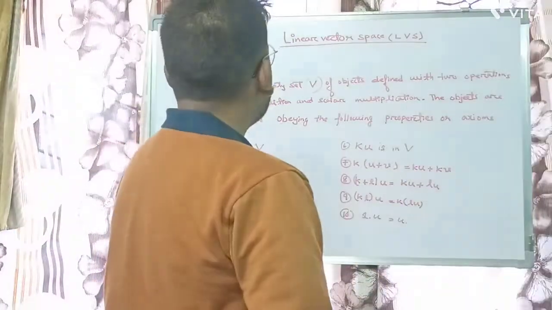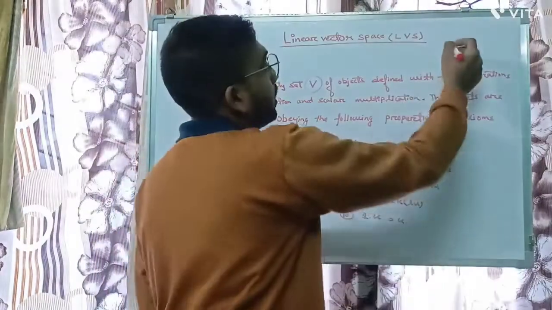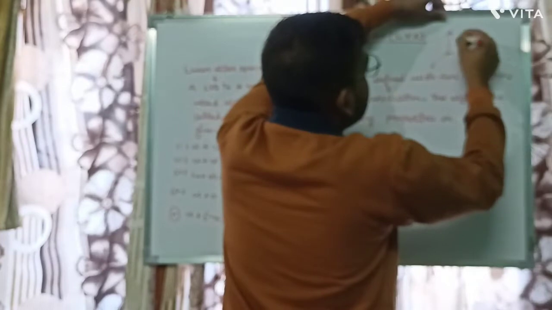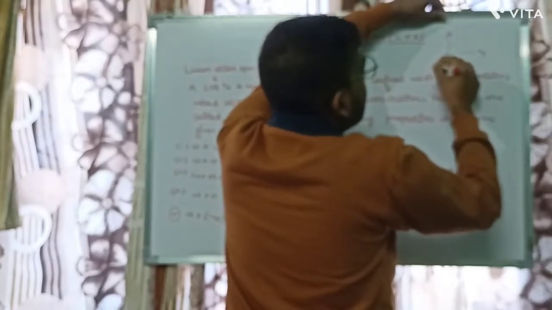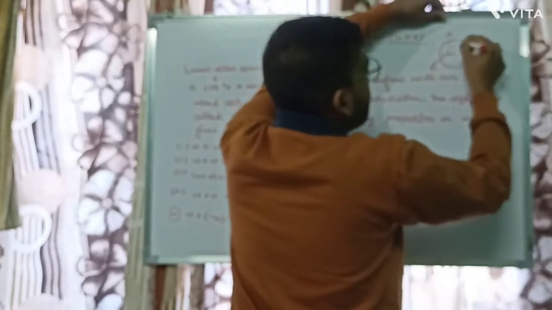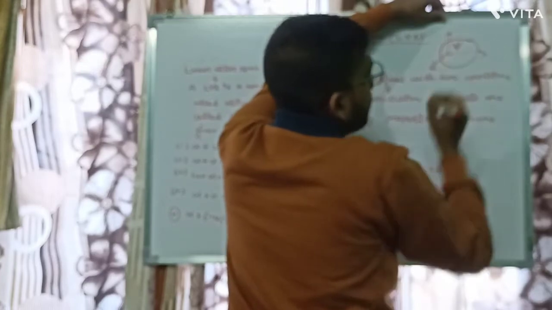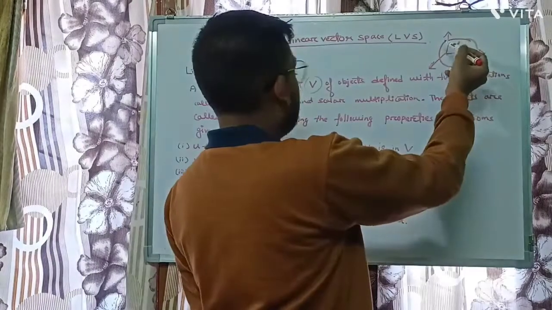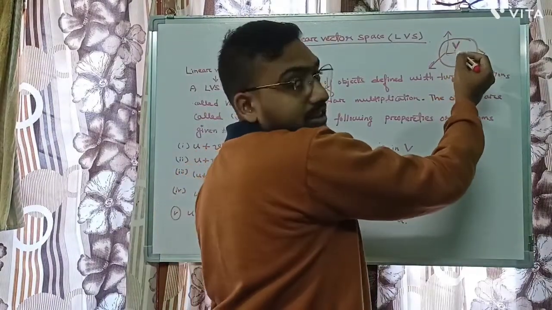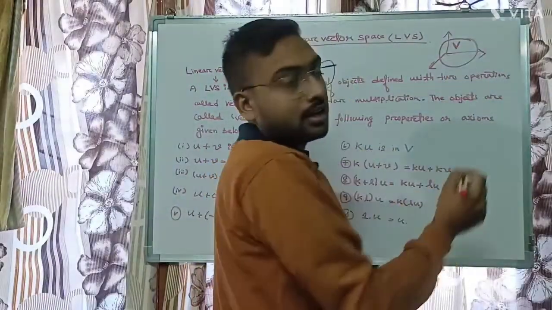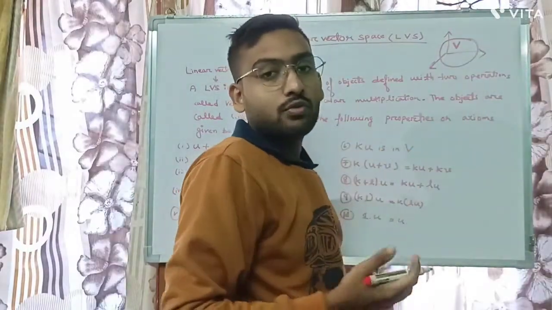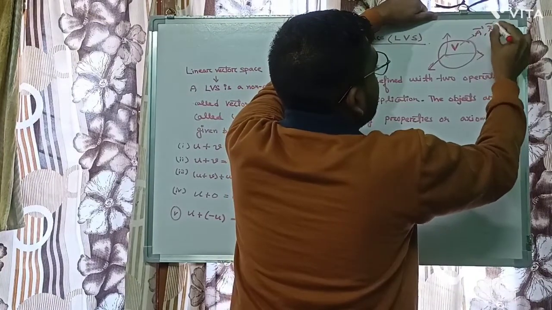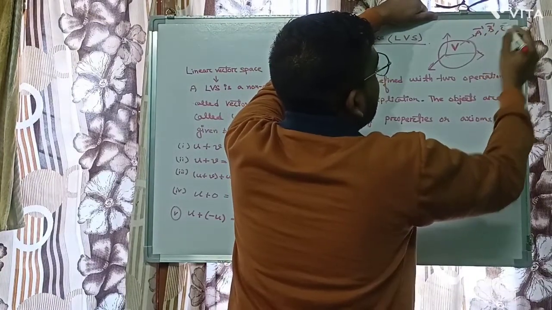In the context of the Cartesian coordinate system, consider the set V of all objects, where the objects are some vectors, like A vector, B vector, C vector, dot dot dot.